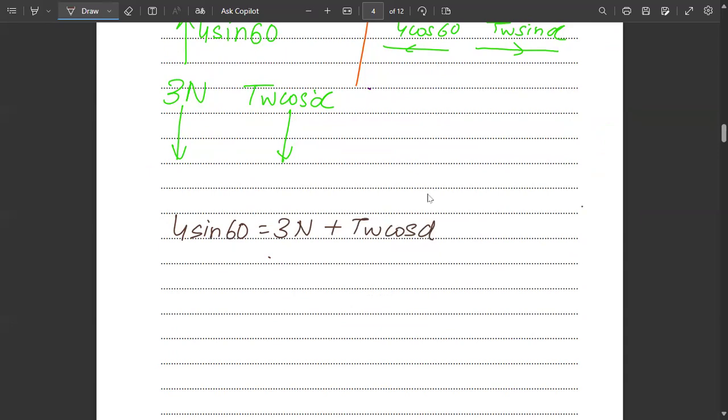What do I mean by that? The forces acting upwards will equal the forces acting downwards. This is technically equal to, if a 5 Newton force was acting upwards, then one 3 Newton force and one 2 Newton force are acting downwards, which means the same thing because they add up to give a 5. I hope you understand that. And now we'll go to the horizontal forces.